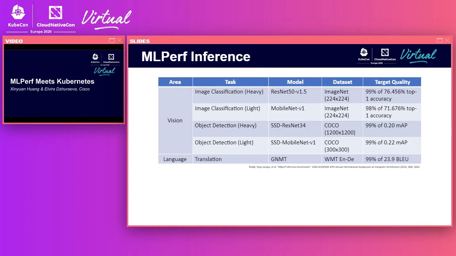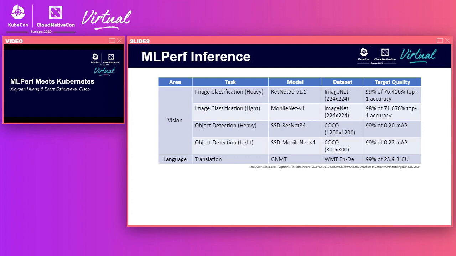Now let's take a look at the inference track. As of today, the inference track provides 5 workloads that include 2 image classification tasks, 2 object detection tasks, and a translation task. And more workloads are being developed at the moment, and they are going to be added soon in the next release.